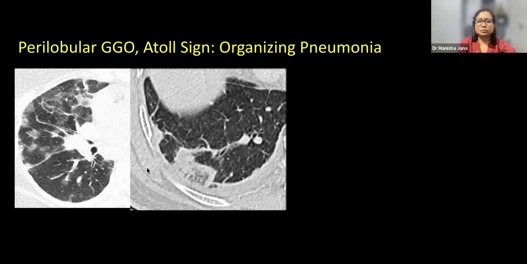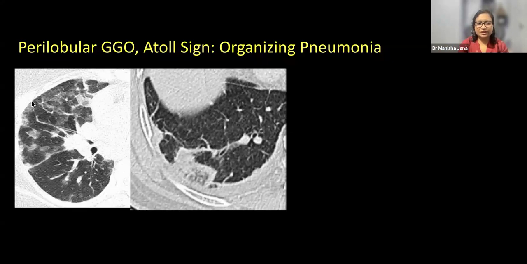Now, once we have seen ground glass opacity, we have to look at the distribution. It can be a diffuse ground glass opacity all through the lungs. It can be located centrally with peripheral sparing, or it can be like here, perilobular and peribronchovascular.